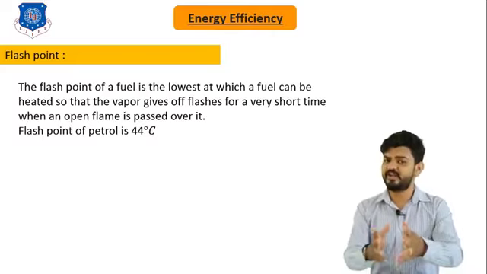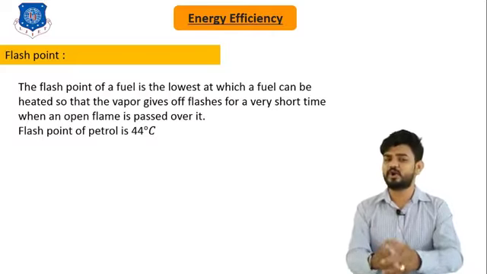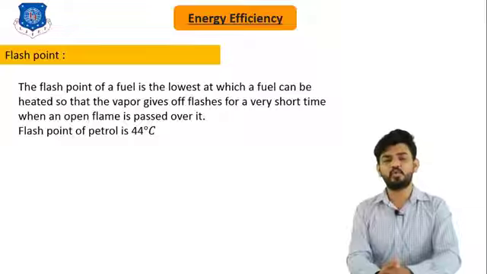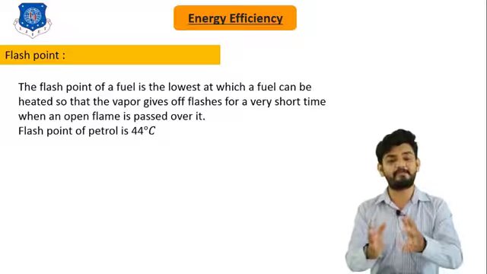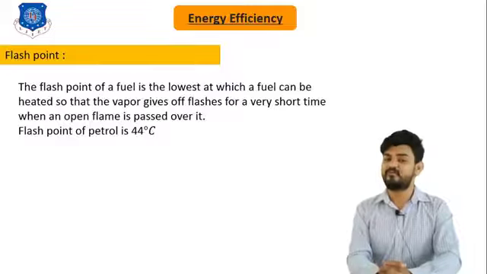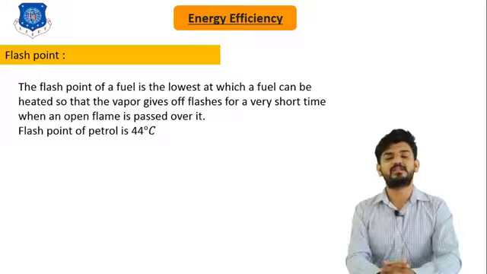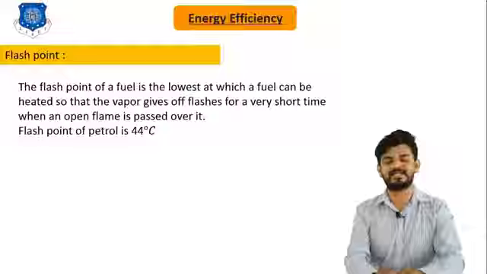So whenever you supply a flame to the fuel, it generates vapor that flashes for a short span of time. This temperature is known as the flash point. Typically, petrol has a flash point of around 44 degrees Celsius.